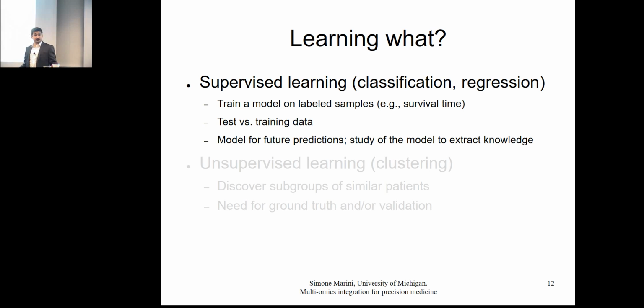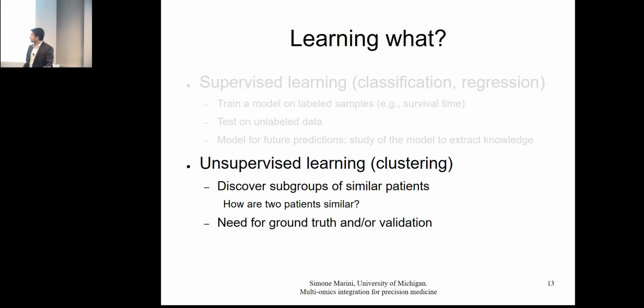I can do supervised learning if I have a label attached to each sample, which can be a class, or it can be a continuous value. In that case, I would do regression or classification. But that is not what I'm presenting here. What I'm presenting here is unsupervised learning, so clustering.